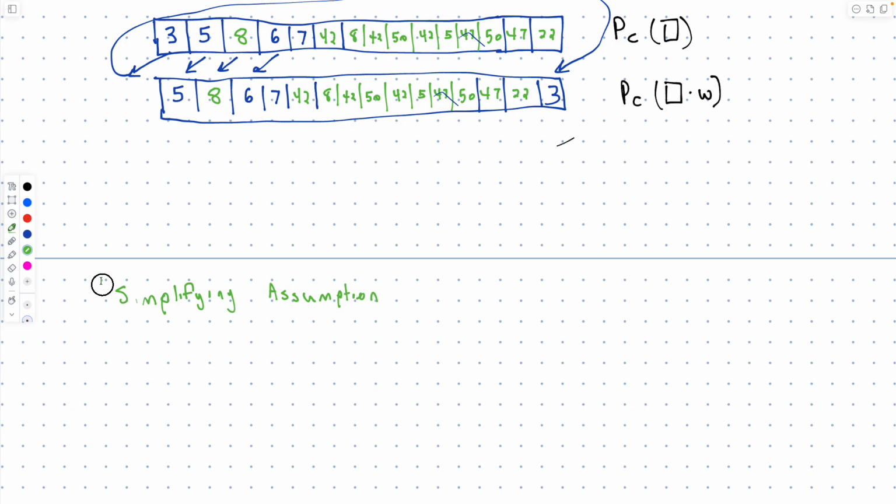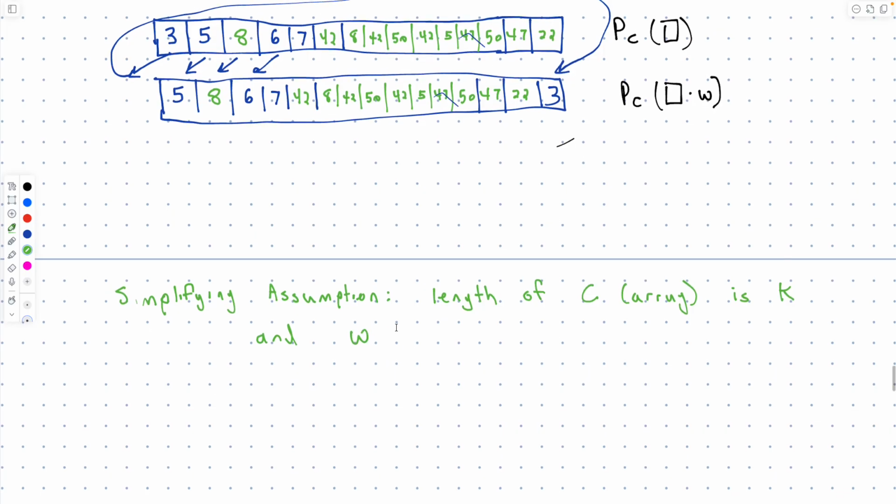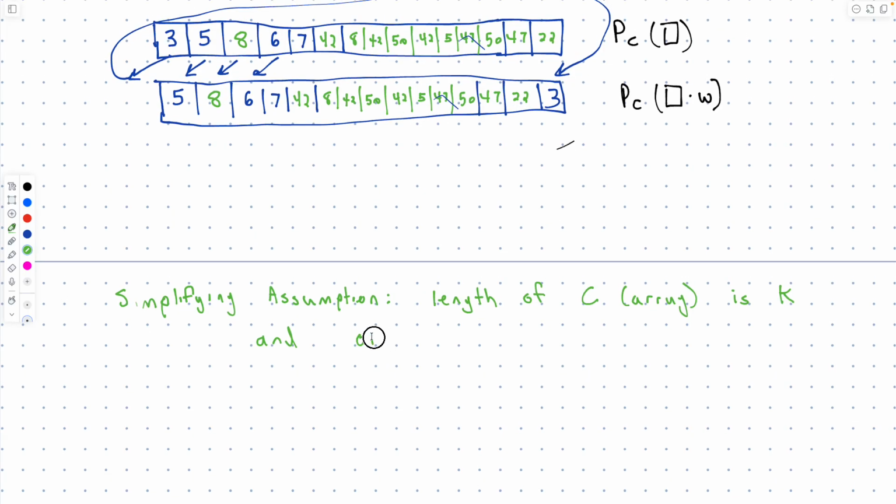Okay, the length of this array, so the length of C, is K, and omega, the order of omega, is also K. Why does this matter?